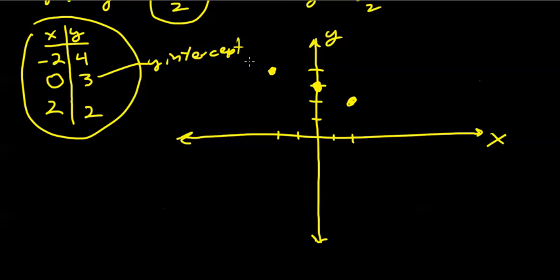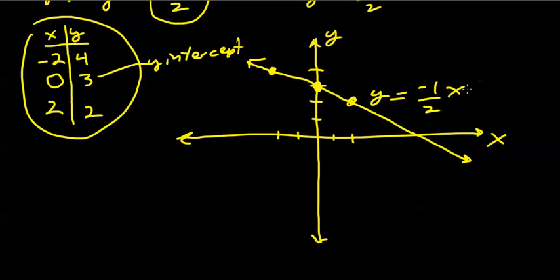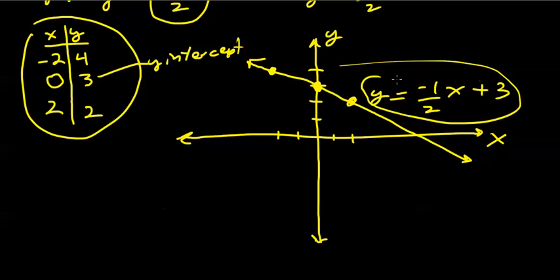So that looks okay. It's not too crazy to claim that all these points are collinear, that they land on the same line. And if I label this line with the equation that generates it, I've got a satisfactory graph of this linear equation.